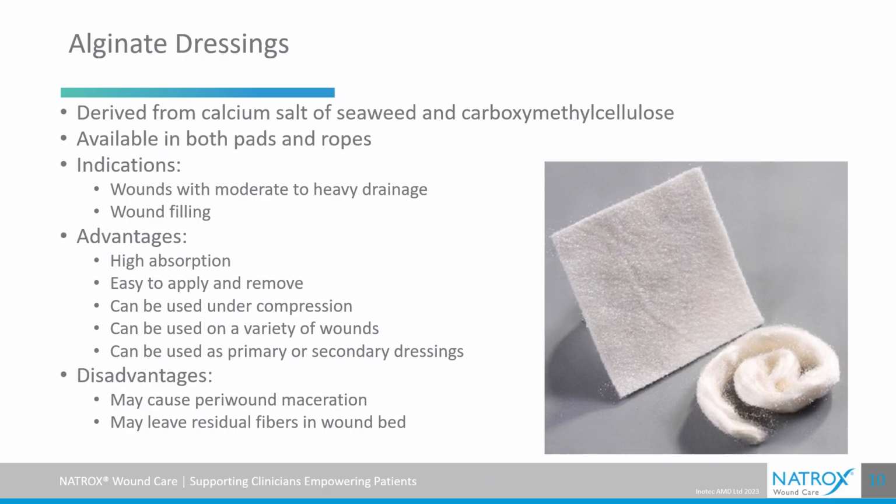The advantages are they're highly absorptive, they're easy to apply and remove, they can be used under compression. These dressings can be used in a variety of wounds and can be used as a primary or secondary dressing. The disadvantages are they might cause peri-wound maceration and potentially leave residue and fibers in the base of the wound.